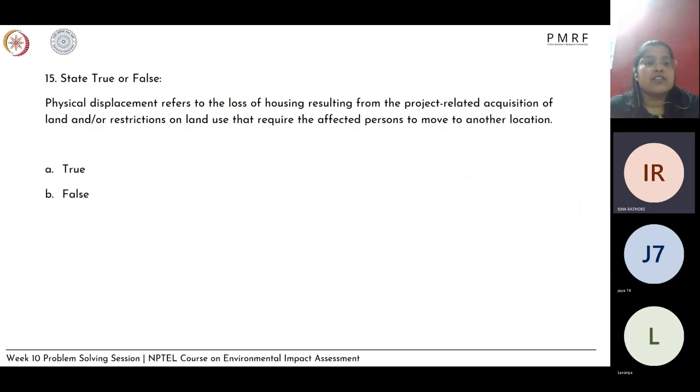Okay, so moving on to question 15, again state true or false. So physical displacement refers to the loss of housing resulting from the project-related acquisition of land and/or restrictions on land use that require the affected persons to move to another location. So is the statement true or false? So this is again based out of lectures 49 and 50. And based on the definition of physical displacement, we looked up at economic displacement as well, wherein there's a loss of income or livelihood because of acquisition of land.